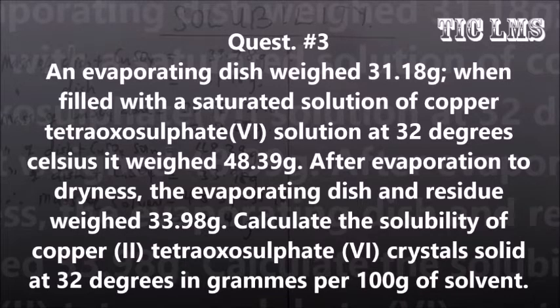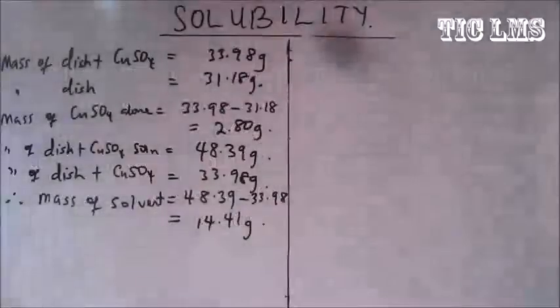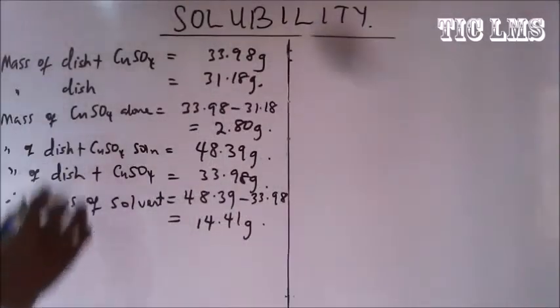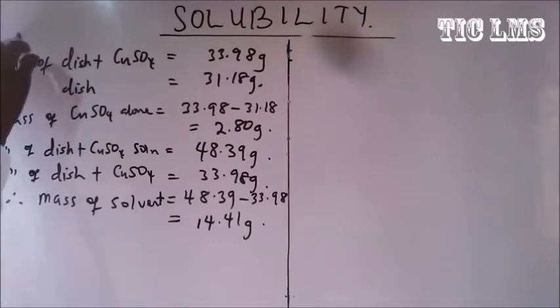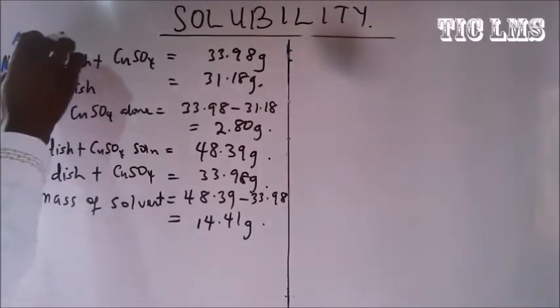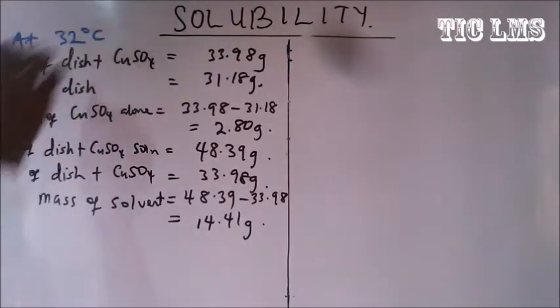Calculate the solubility of copper(II) sulfate crystals at 32 degrees Celsius in grams per 100 gram of solvent. So here is how we state our values, and this is done at the temperature 32 degrees Celsius.